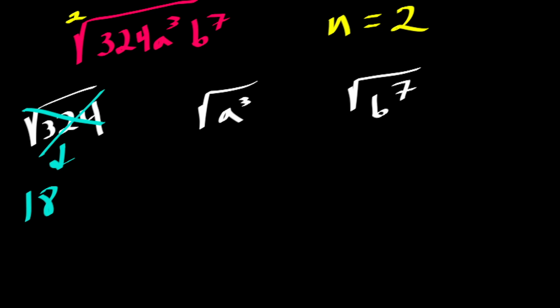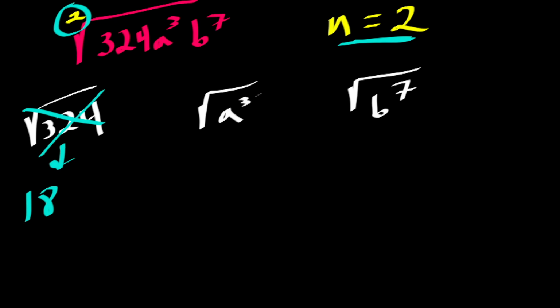All right, so now let's move on to a to the third. When we do the square root of a to the third, we are going to first double check what our index is, because remember, if you see an exponent and you're doing the square root or cube root or whatever it is, you need to remind yourself what the index is, because that's what you want your exponent to be divisible by.